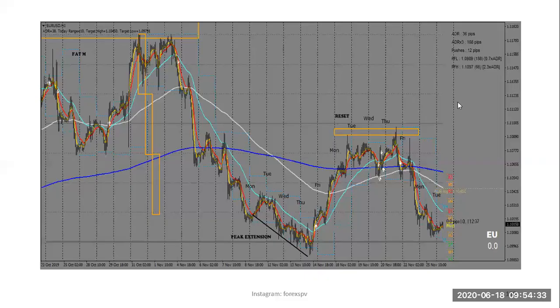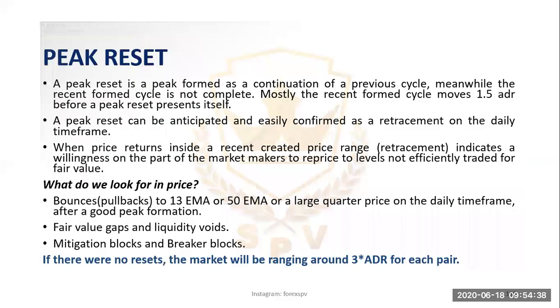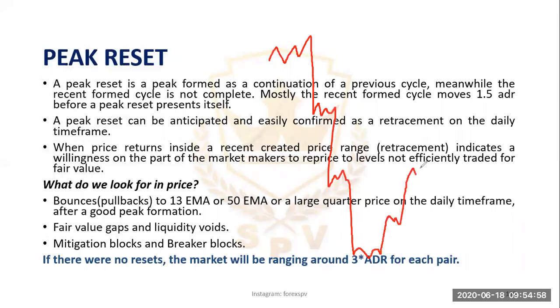And now let's talk about the peak reset. How do we define a peak reset? We have a cycle, and we have another peak formation low here. And the dealer moved, and the dealer forms another peak here, which is in the same direction as the previous peak, as the previous cycle that has just completed.